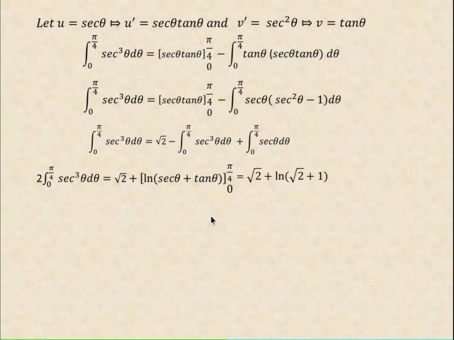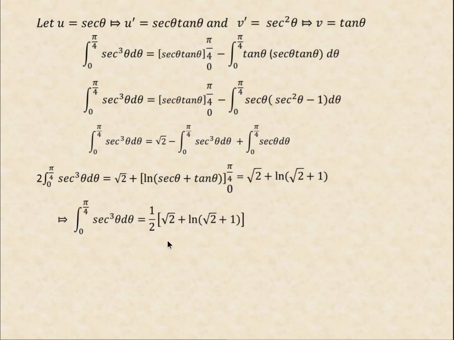So proceeding with the substitution, we would have that sec pi over 4 is root 2 and tan pi over 4 is 1. So we have ln of root 2 plus 1 as the result of the substitution of the upper limit, while the substitution of the lower limit gives 0, because sec 0 is 1 and tan 0 is 0, but then ln of 1 is 0. So the substitution of the lower limit generally gives 0.